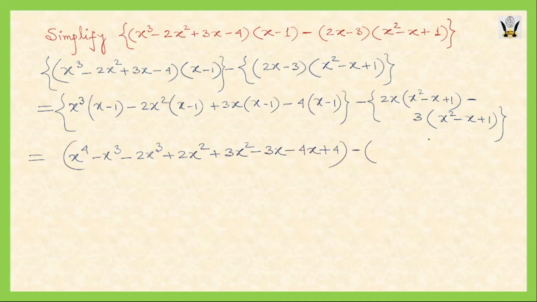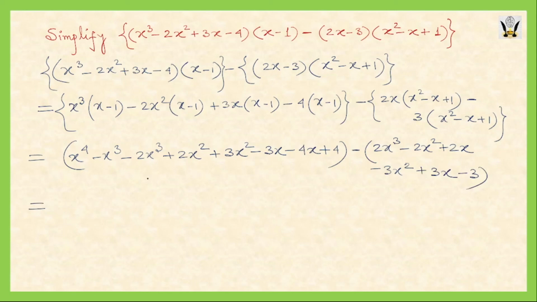Then from the second expression we will be getting 2x cube, then minus 2x square, then here it will be plus 2x, then it is negative sign, it is minus 3x square, so it will be minus 3x square, then here minus 3x, and here we have one minus, so plus 3x, then here it is plus 3 and here it is minus, so it will become minus 3.